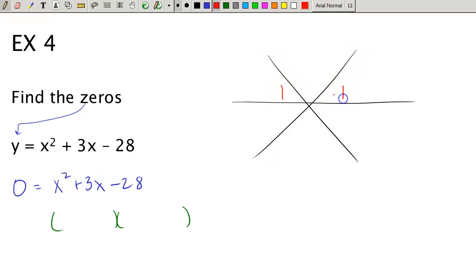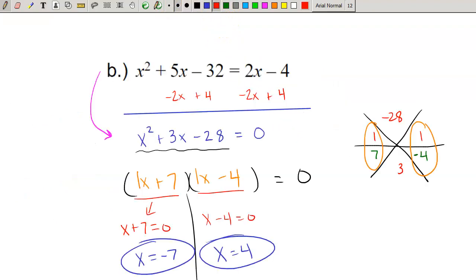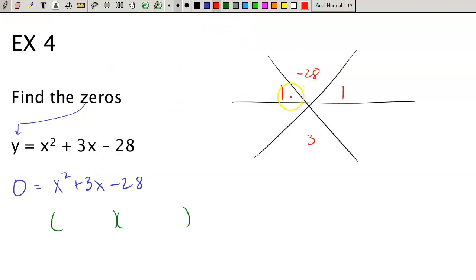So this is 1 and 1. A times C is negative 28, and the bottom one is 3. And so what has to work there? What multiplies up to negative 28 and adds up to 3? And I just realized this is the exact same problem as the one we did before, right? So 7 and 4.